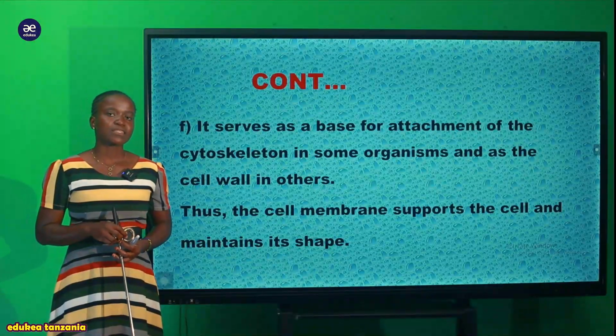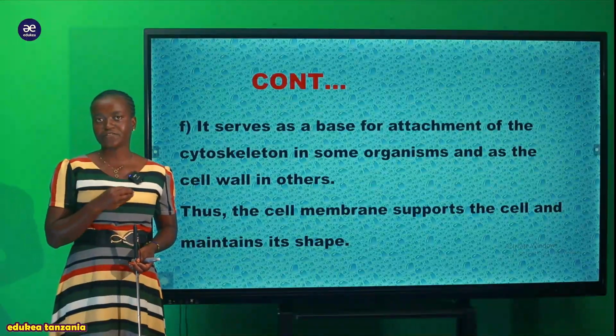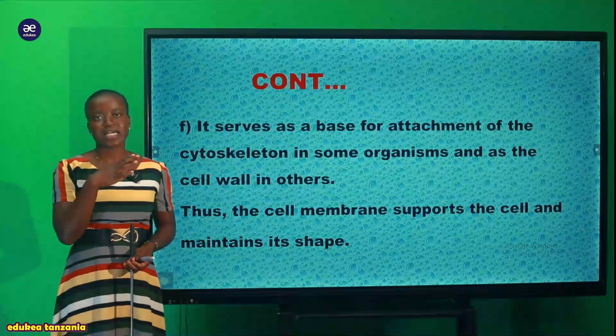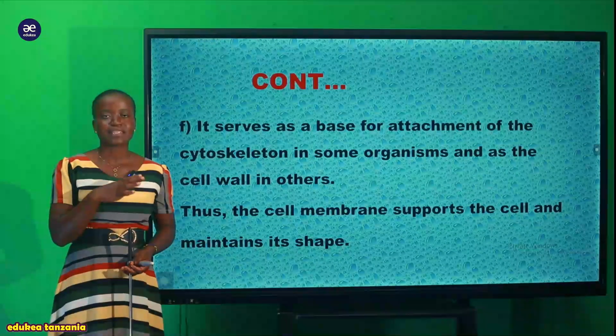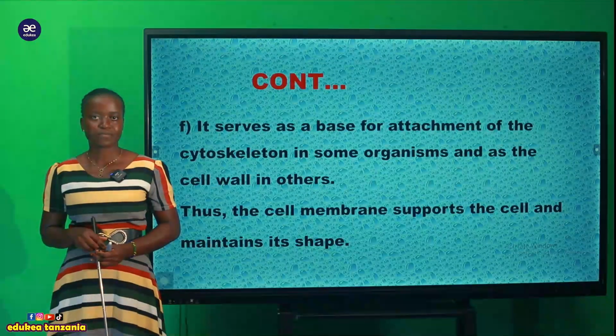Now you can see the plasma membrane has many benefits to a living organism, since it helps in different activities that are taking place in the body of an organism.